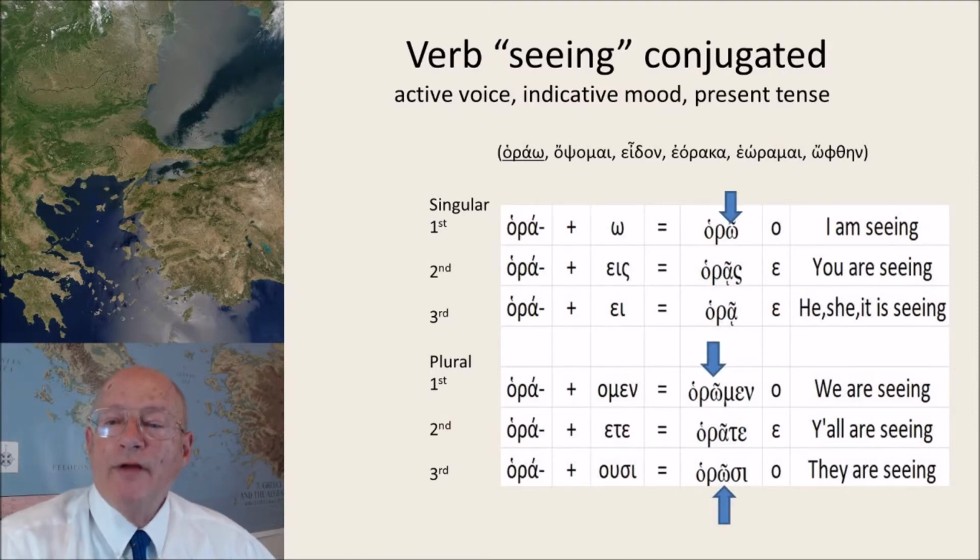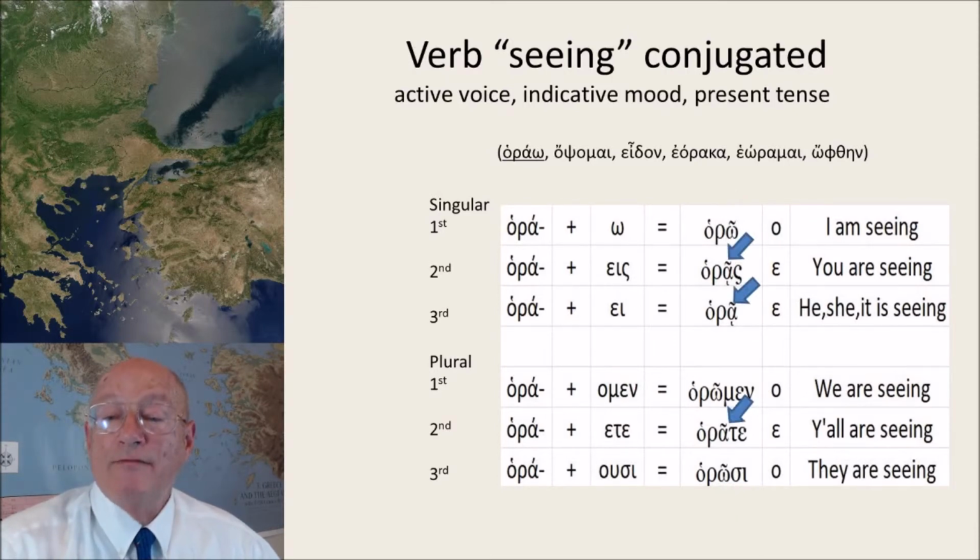Now in this slide, I've emphasized the fact that this alpha plus omega turns into an omega with a circumflex in the first person singular, and also in the third person plural. So that's to be noted.